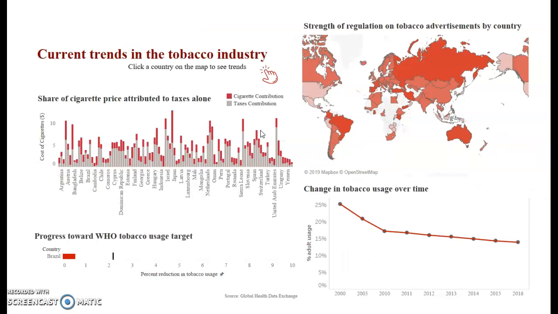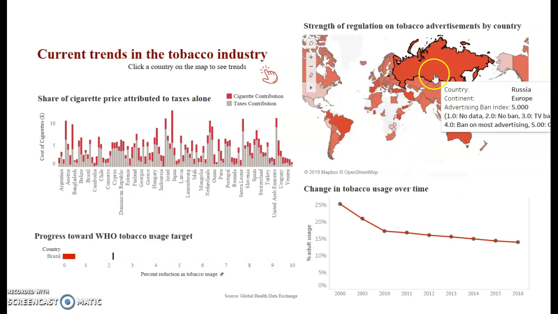Now we move on to our second dashboard. This is showing country by country how the tobacco industry is sort of represented. So in the top right, we have a map. It is also a heat map, much like the one previously, except this is showing how strong each country's regulations on tobacco advertisements are.